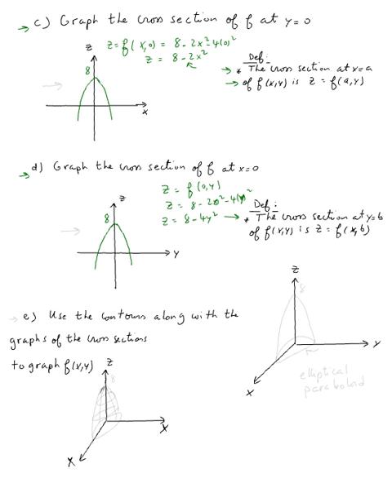Alright, now for the next question, use the contour along with the graphs of the cross section to graph f of x, y. So of course for the z-axis we have 8. Let's start with the zx plane.